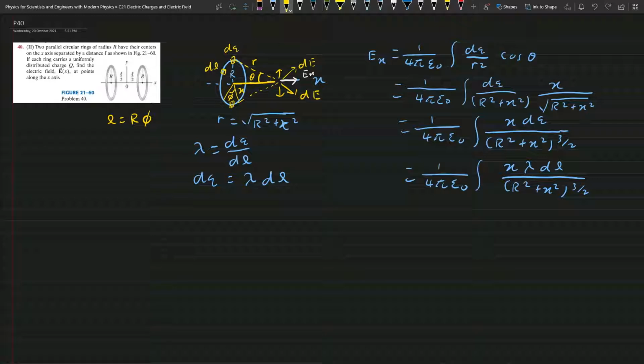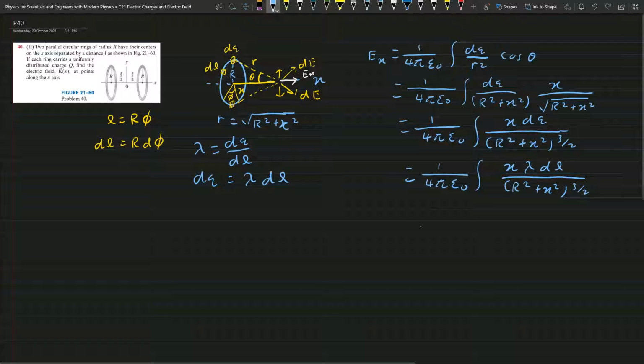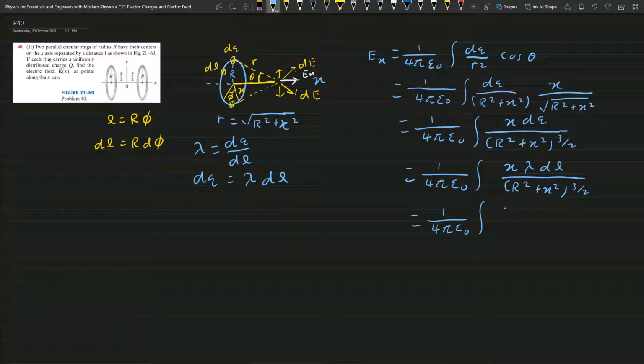Of course this is dl, so we can write dl as r d phi, and now we substitute inside here. This is x lambda r d phi over R squared plus x squared to the 3/2.